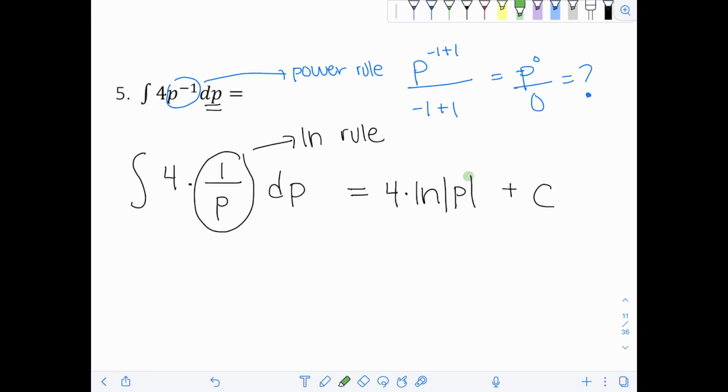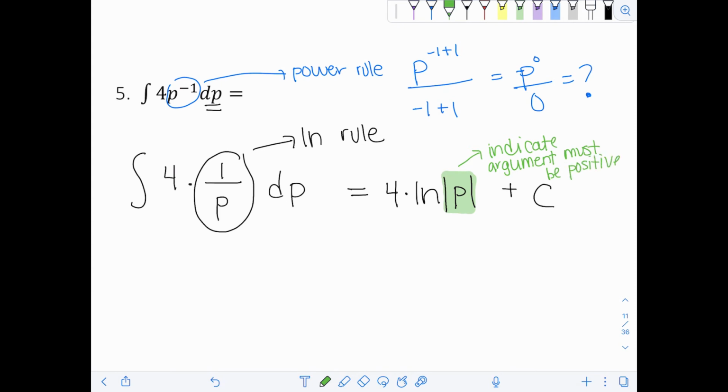All right, so for these problems, why is there this absolute value? The absolute value is there because at this point we don't really know what p is. P is a variable. The whole point of putting that there is basically just to indicate that if we are to take the natural log, the argument, which is really that part highlighted in green, must be positive.